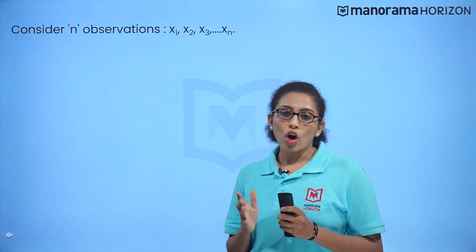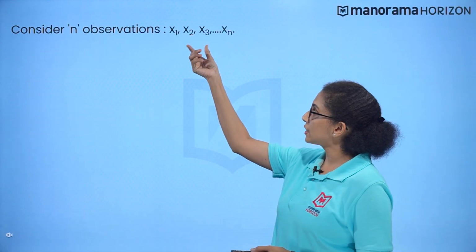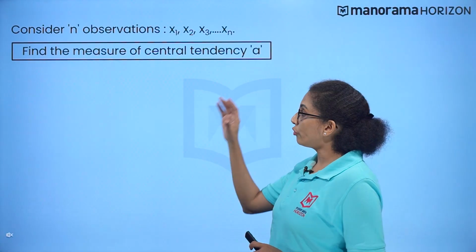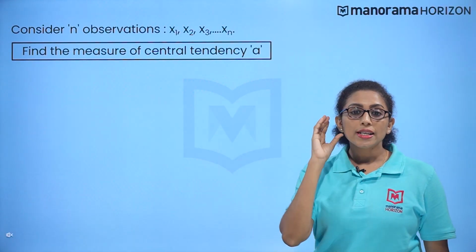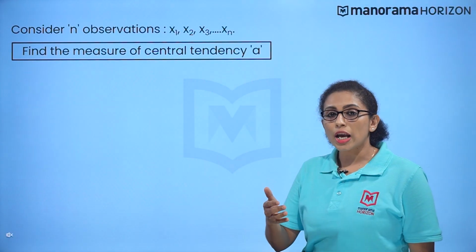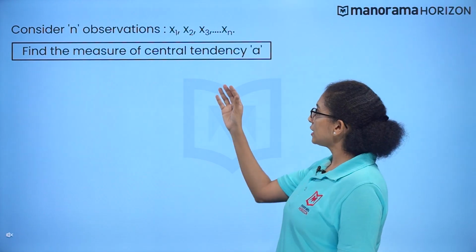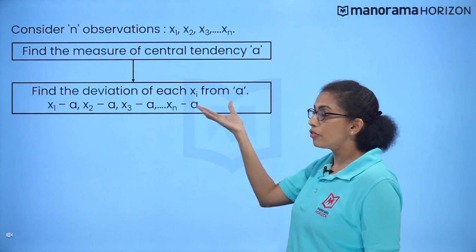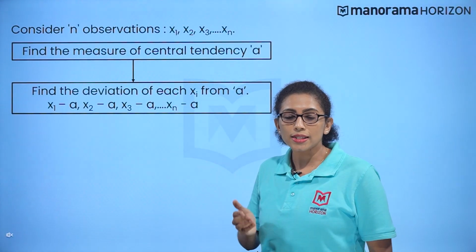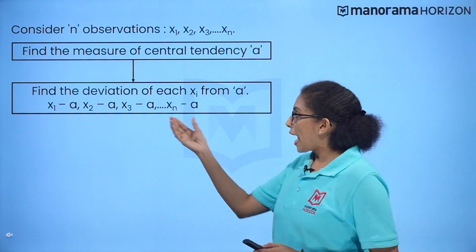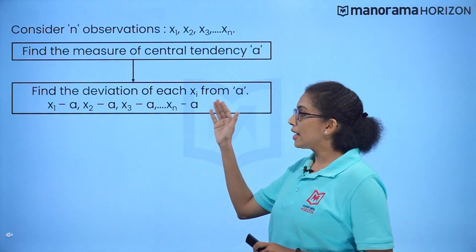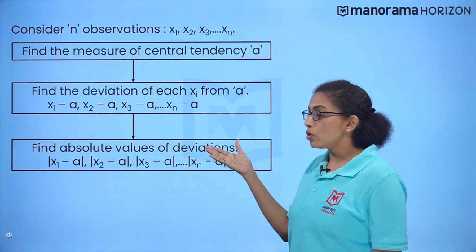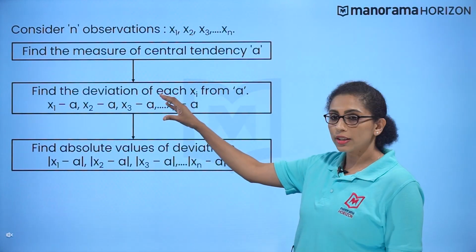Consider there are n observations, x1, x2, x3 up to xn. First, we need to find the measure of central tendency about which we are to find the mean deviation. Let it be A. Next, we need to find the deviations of each xi from A, that is x1 minus A, x2 minus A, like that xn minus A. Next, we need to find the absolute values of the deviations.